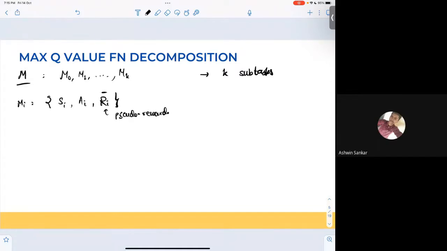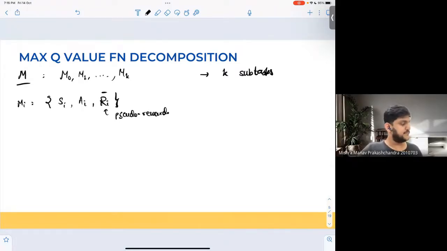Okay, fine. So this is what the sub-MDP M_i consists of. And then the total state space here can be subdivided, separated out, into a dichotomy: it consists of all the terminal states, which I denote by T_i, and then all the states S_i which are not the terminal states.